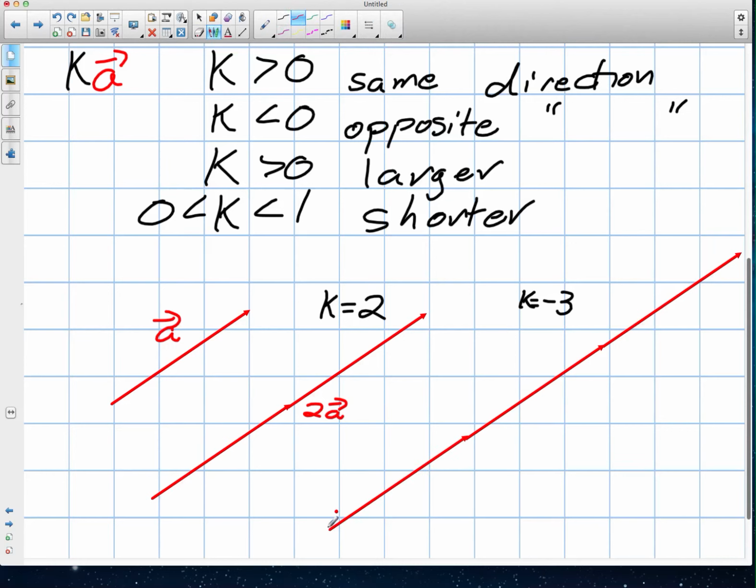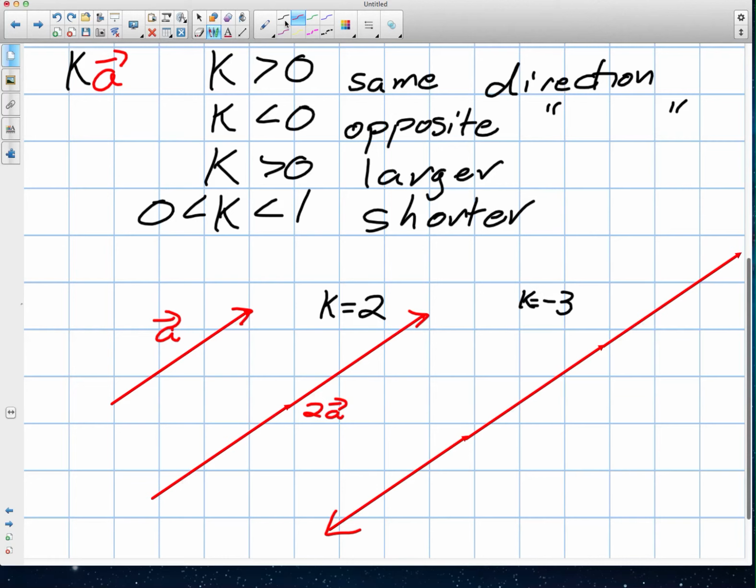I'm going to put a big arrow at the end. This vector is going the opposite direction of our other 2. And we knew that from before because we knew a negative changes the direction. So a number greater than 1 lengthened our vectors, as you can see. And when it was less than 0, or negative, it changed the direction of the vector.